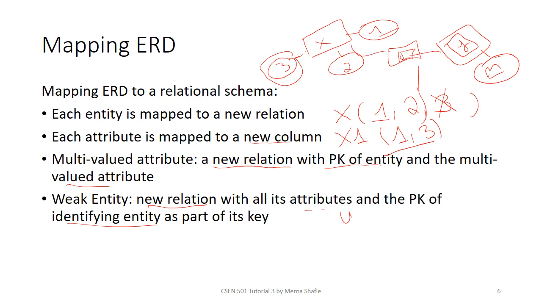In the mapping, I will write Y, and then between brackets I will write m, and I will also write 1, plus other attributes if there are any in the Y entity. The primary key of this relation is going to be m and 1 together.